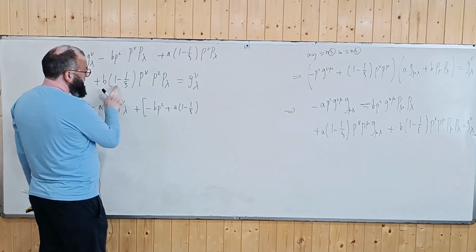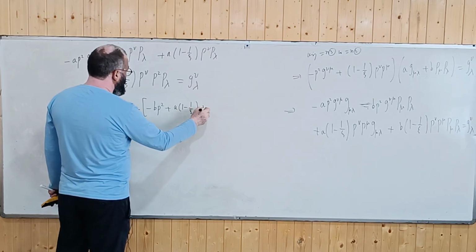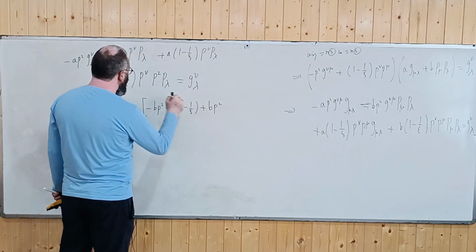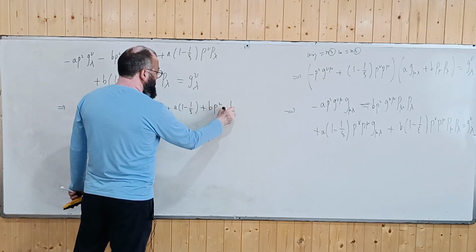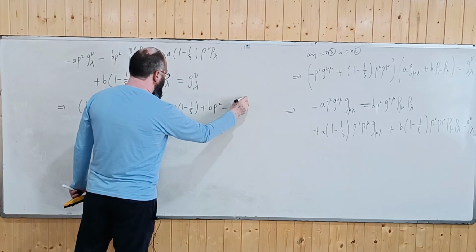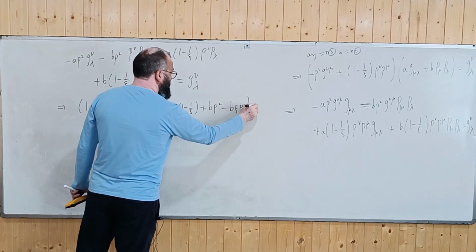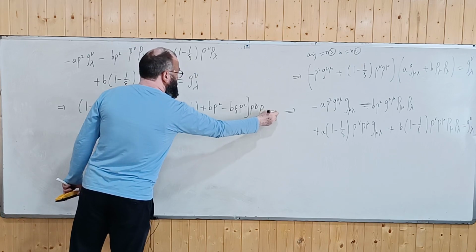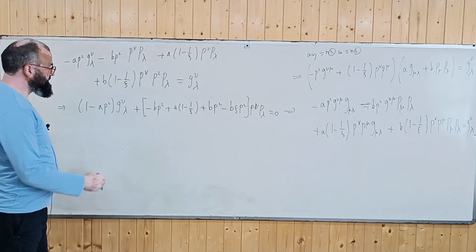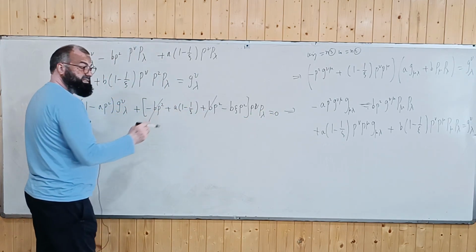Tell me what it is: b p squared, this p squared minus b zeta p squared, then p nu p lambda, that's equal to 0. So this b p squared cancels.